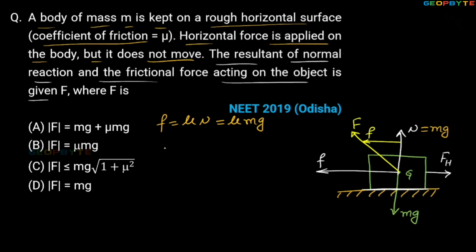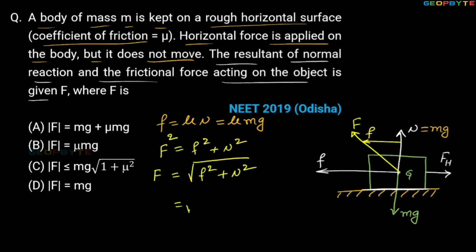Then that resultant force R squared equals F squared plus N squared. That is the Pythagoras theorem. From this, R equals root over F squared plus N squared.